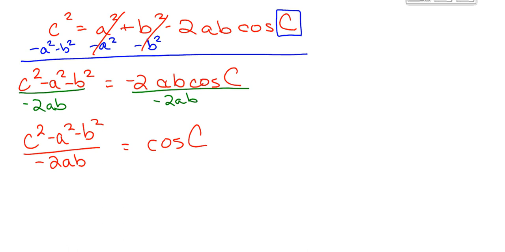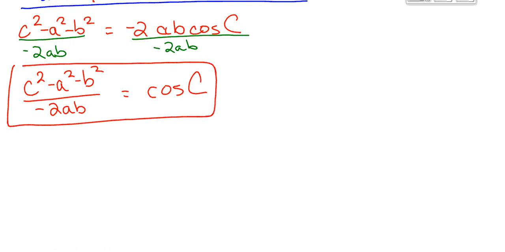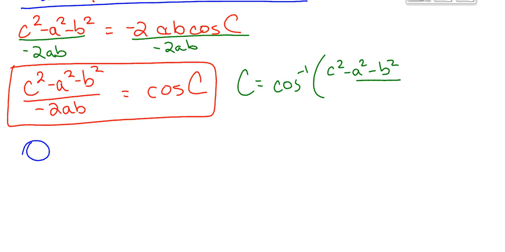I often just use this version, but mathematically we don't like to have a negative in the denominator as a factor. That's one version. A corresponding version would be that c is the inverse cosine of all that, c squared minus a squared minus b squared over negative 2ab.